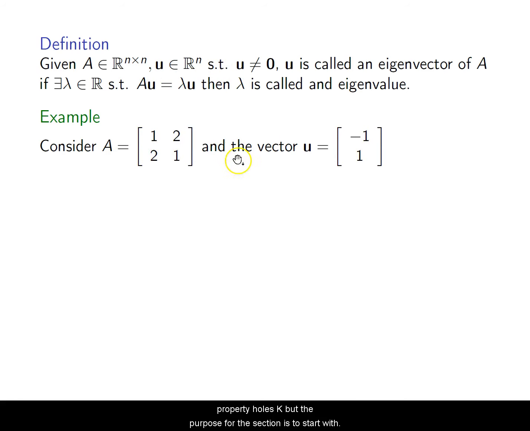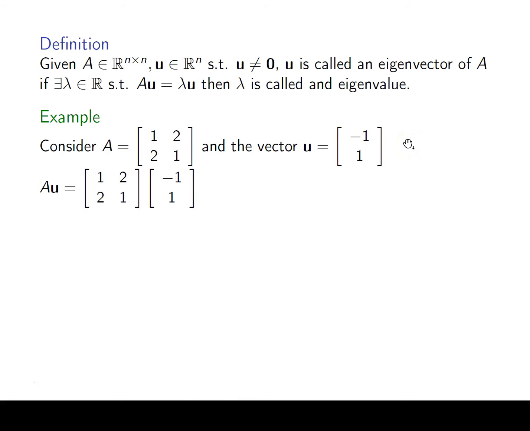But the purpose for this section is to start with a matrix, find this value lambda, and after we find lambda, we're going to find the eigenvector that is associated with this eigenvalue. So we're kind of jumping the gun here, but that's because we want to show some examples. So we have this matrix A, and we're assuming that this is a random vector.